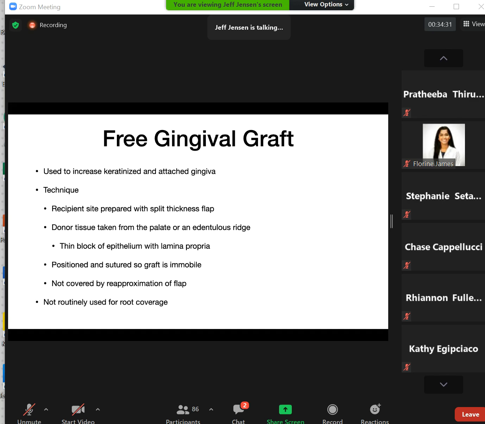But for the first week or so, 3, 4 or 5 days, it's pretty sensitive. So a lot of times we've made them a stent that they can wear over it, like a little mouth guard, to protect it. But it just has to granulate in. But when that heals, then you can see there's a nice big patch of keratinized tissue now.